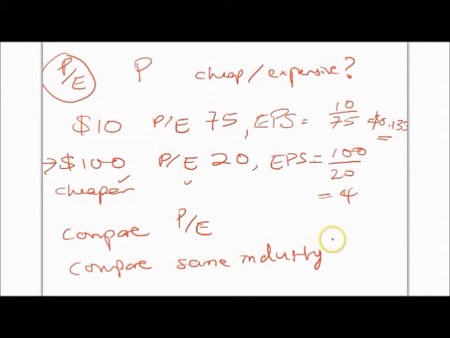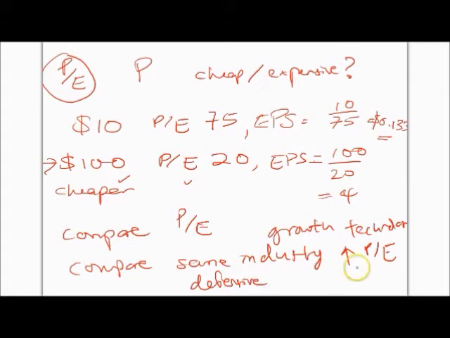For example, growth industries like technology would typically have a higher PE. But more defensive industries like healthcare will have a lower PE average. So it makes sense that we should compare PE ratios of companies in the same industry.